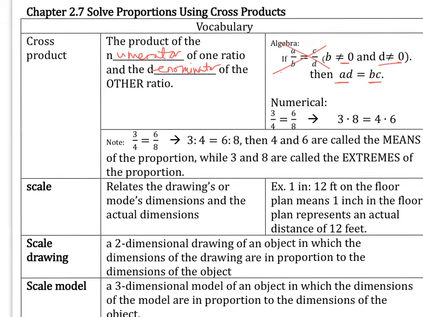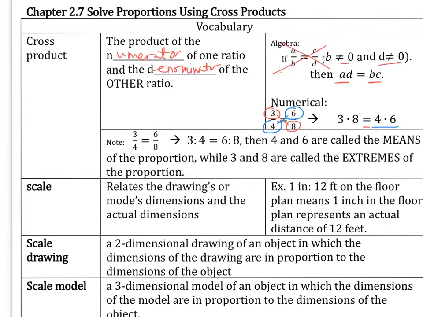Numerically, you would take the 3 in the numerator of one ratio and multiply it to the denominator of the other ratio and set that equal to the numerator of the other ratio multiplied by the denominator of the first ratio.